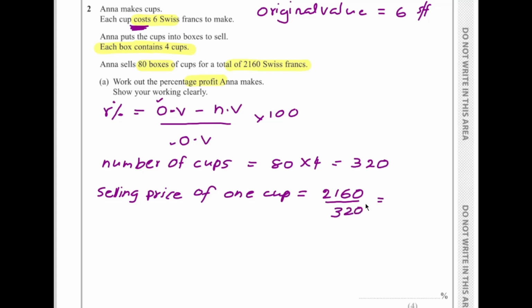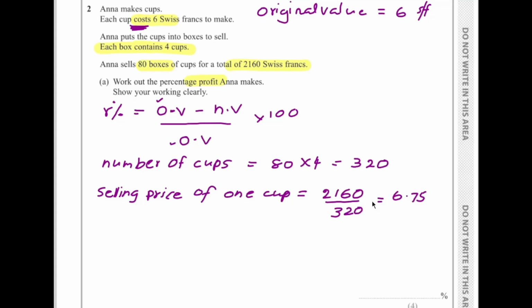Once we divide it, we get 6.75. So she spent 6 Swiss francs on making each cup and she's selling it for 6.75 Swiss francs. So she's earning a profit by selling this one.